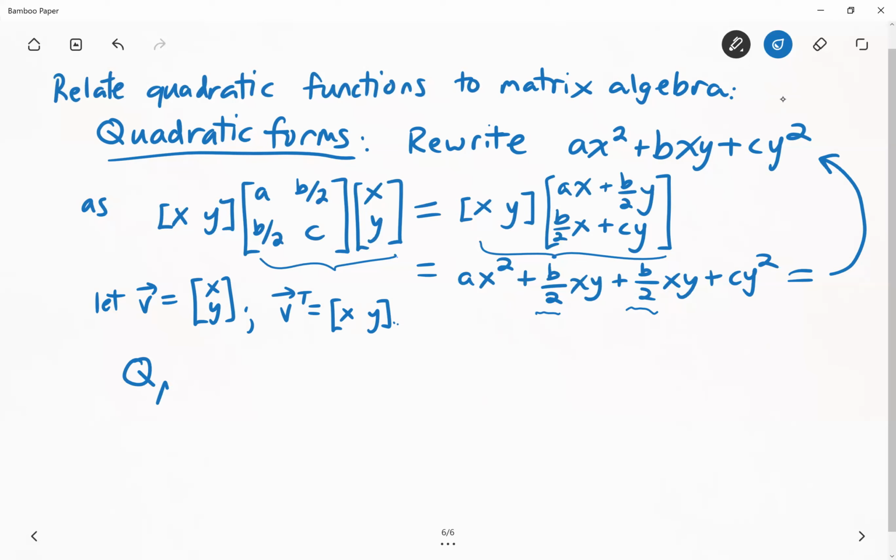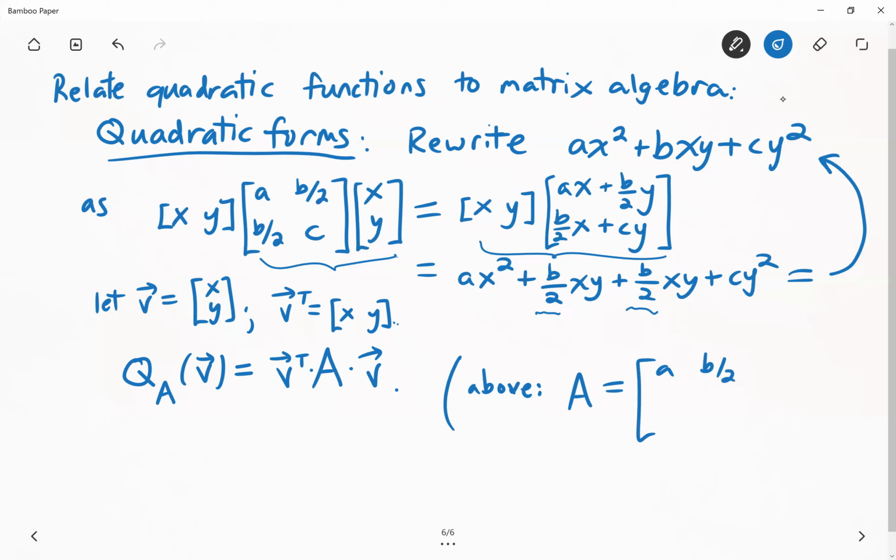They'll typically be written as q sub A of the vector v, and this is v transpose times A times v. Right, so above in our example, we're interested in the case where the matrix A was equal to (a, b over 2; b over 2, c).